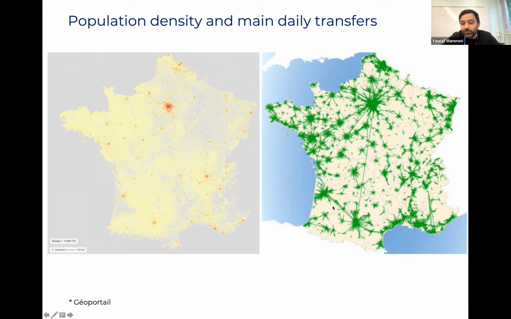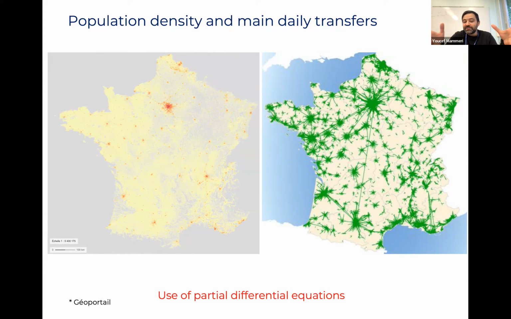Here I take the main cities. This is Paris, this is Lille, this is Nantes. I think Fatima was in Nantes. So we have access to this data. So we know the number of people who are traveling from this place to this place, to this place. And we can have a really nice zoom on the simulation.